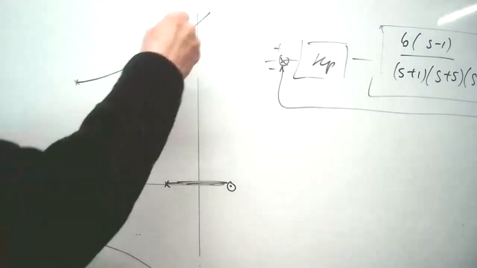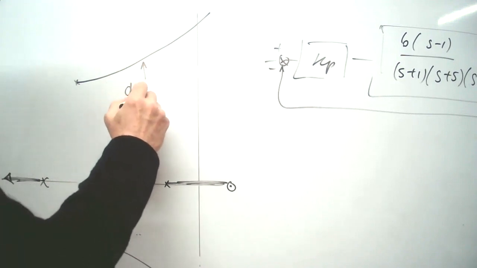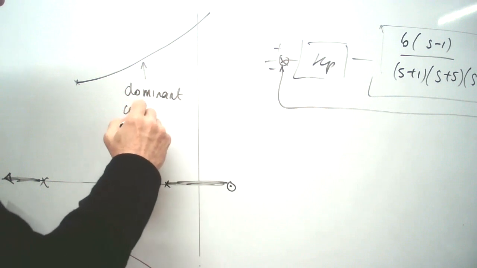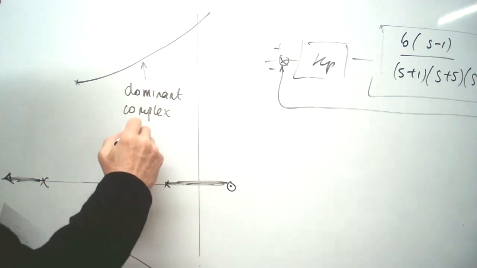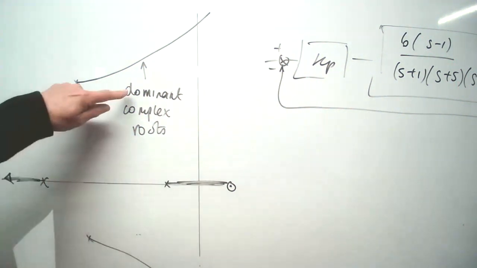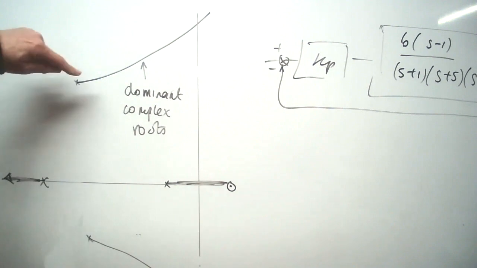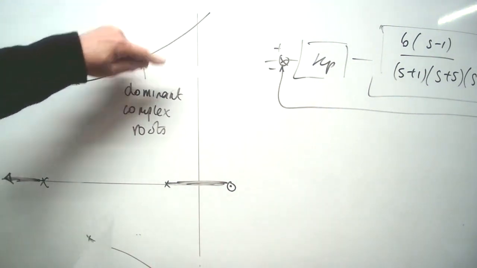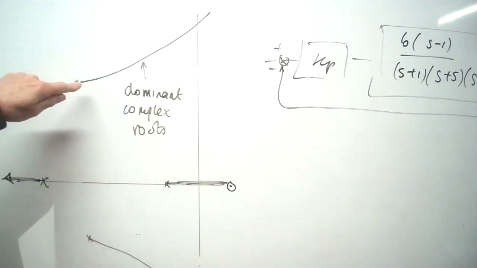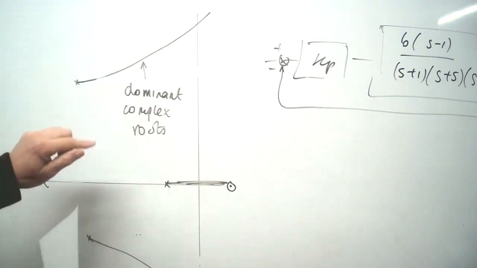Now these roots here are called the dominant complex roots. The reason they're called that is they're the only complex roots there. Everything else is a real root, so these are the complex roots, and they tend to dominate what's going on. So this part of the root loci is called the dominant complex root.